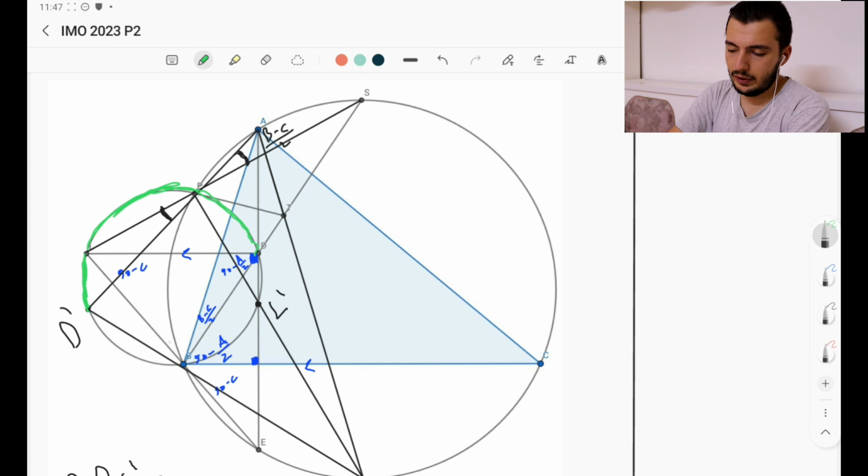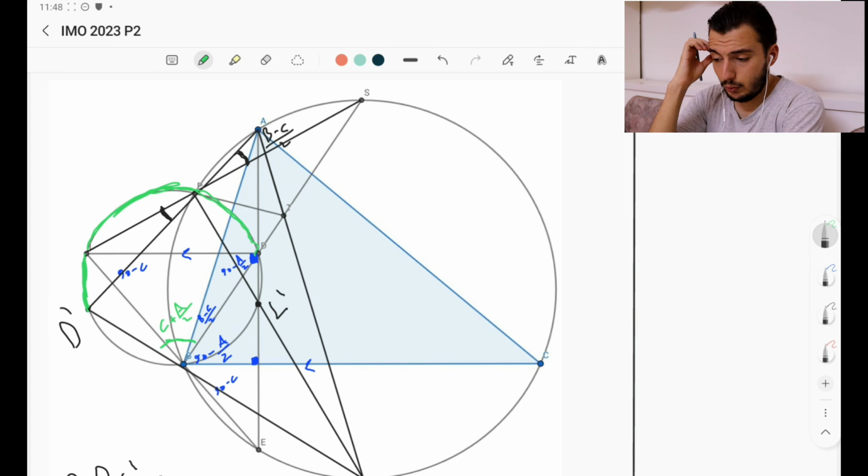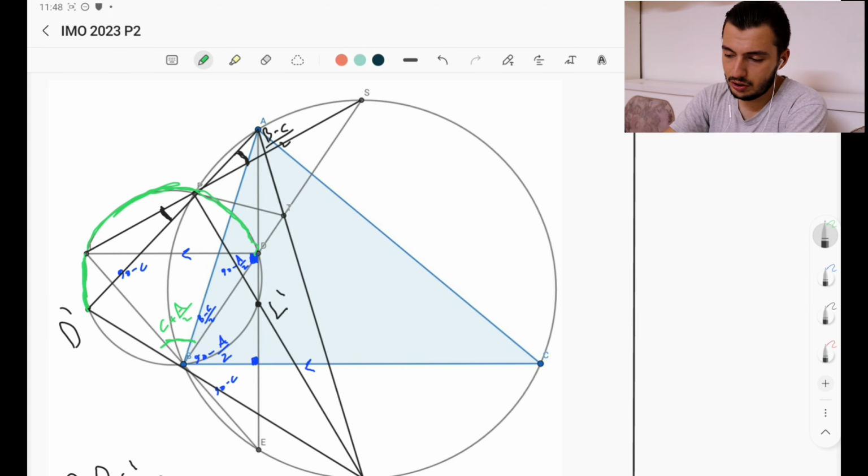We can find this from this triangle. What is this angle? It's 90 minus c. It's actually just c plus a over 2, c plus a over 2. So this angle is c plus a over 2, which means that this is just 90 minus c minus a over 2. Okay, what does that mean?